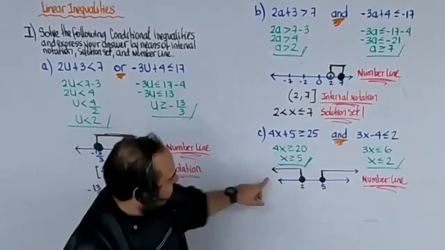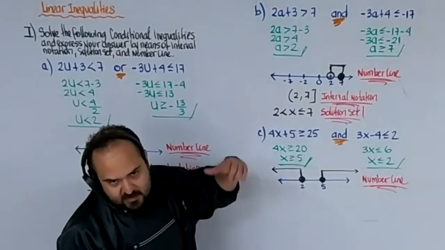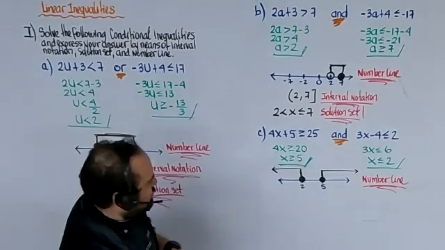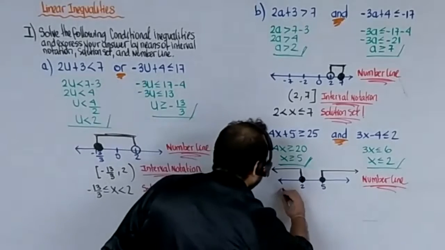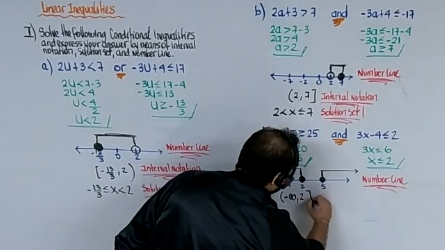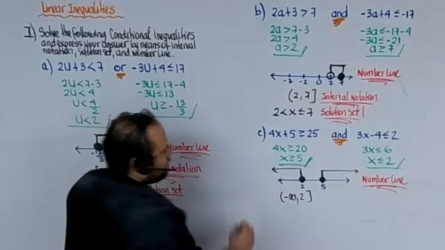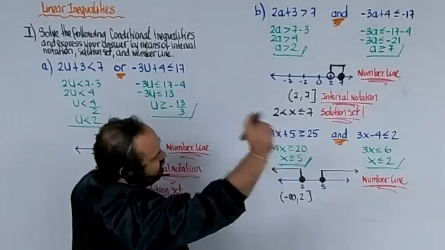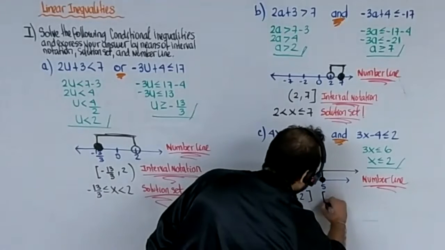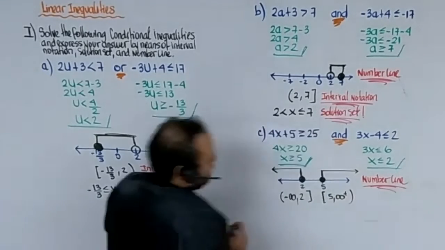The values less than or equal to 2 are all the negative numbers up to the number 2. For that reason, we have negative infinity comma 2 with a bracket on this side. On the other hand, the values greater than or equal to 5 will be from 5 until positive infinity.